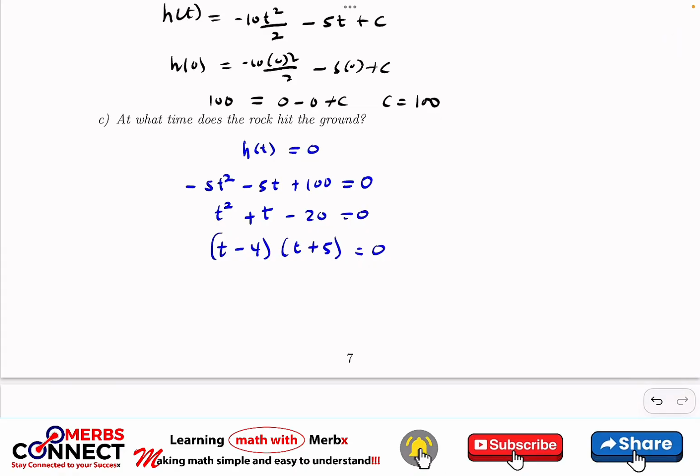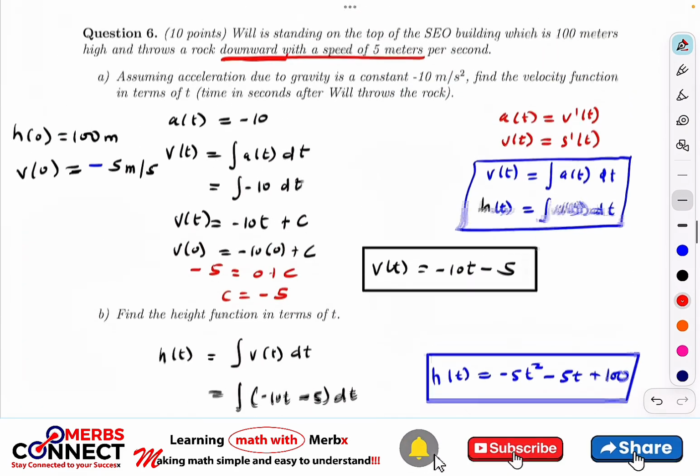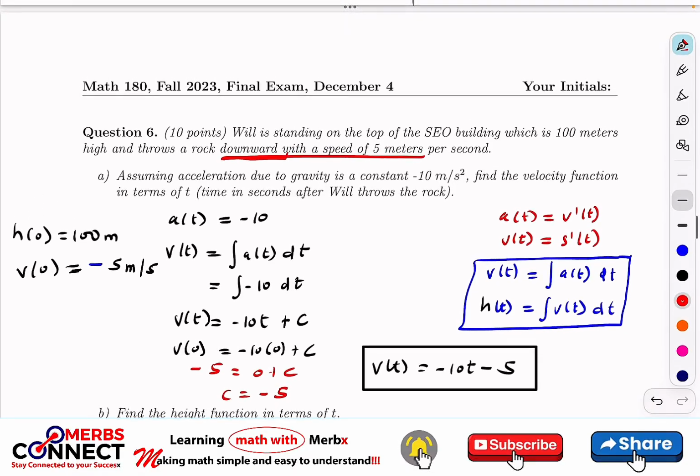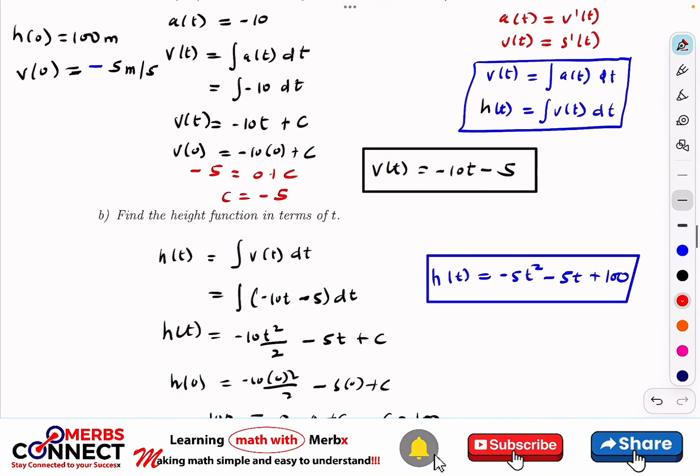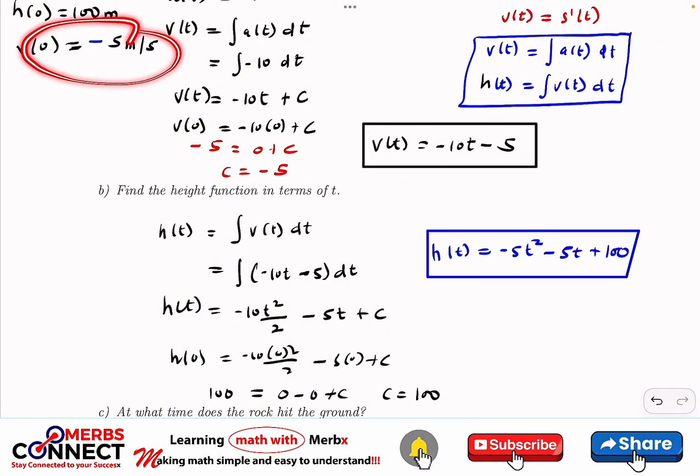Okay, good. So now t times t is t squared, and this times this and this times this will give us positive t, and then when I multiply, I get that. So now my t here will be equal to 4, and my t here will be minus 5. So we are going to exclude this one here. Please, when we are doing it, pay attention to the keywords, okay? Let's assume that I'm doing everything right, but I'm messing up with this velocity and I didn't see it.